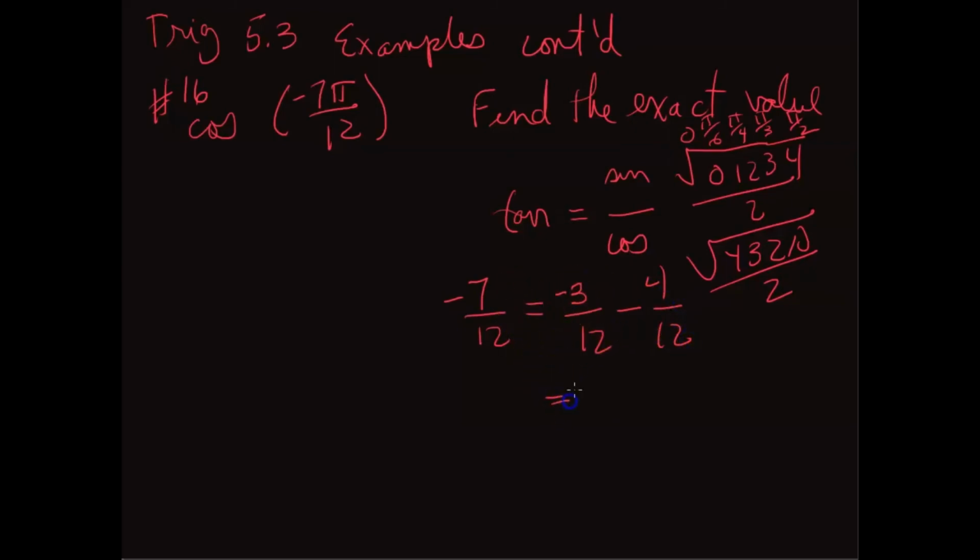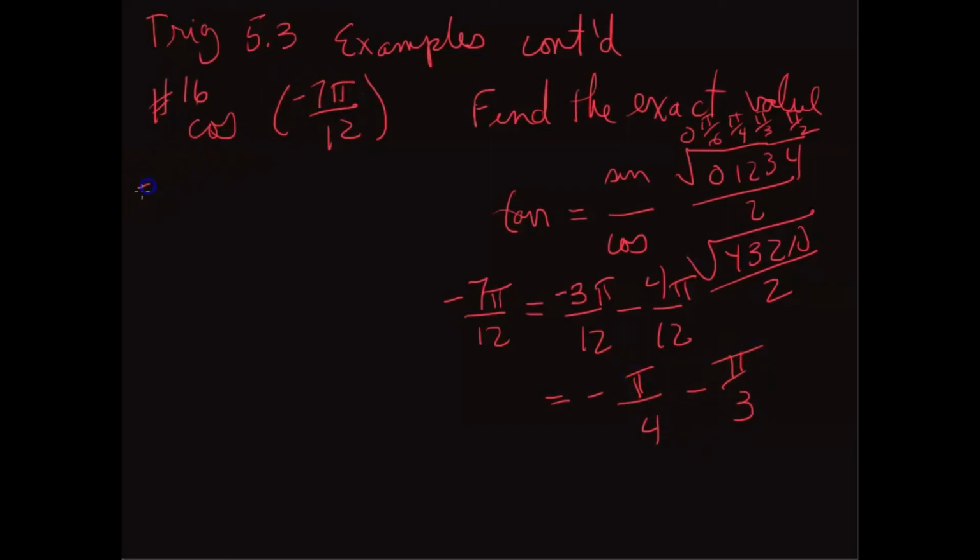Well, 3/12 is 1/4, and 4/12 is 1/3. So we're talking about pi's, then we're thinking of pi over 4 and pi over 3, special angles.